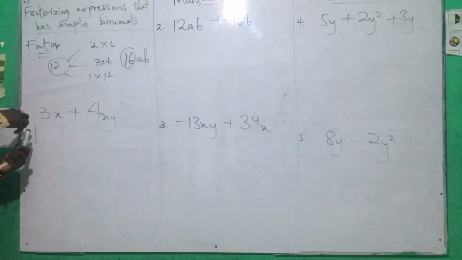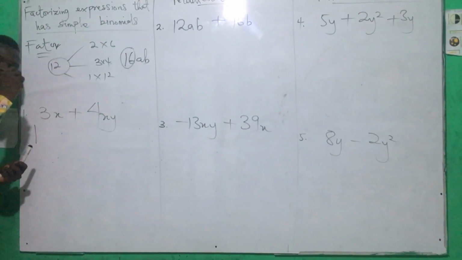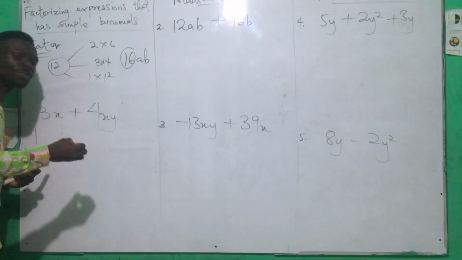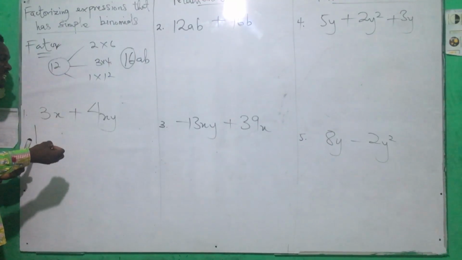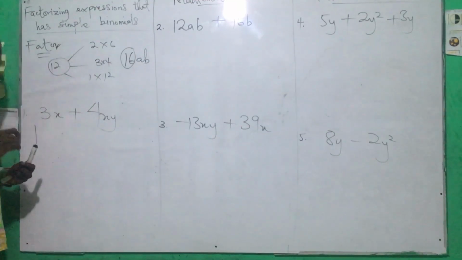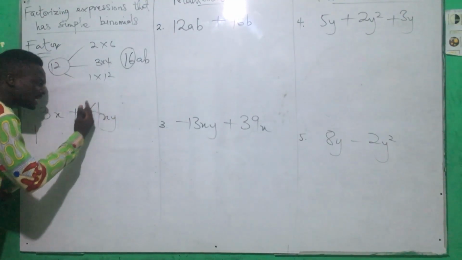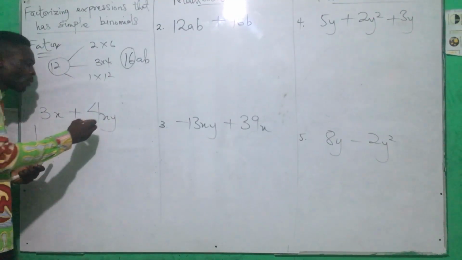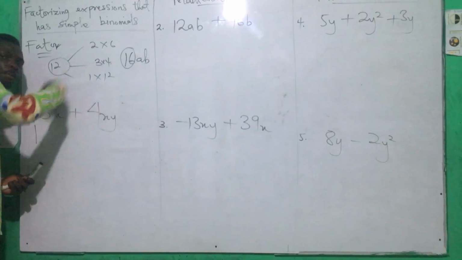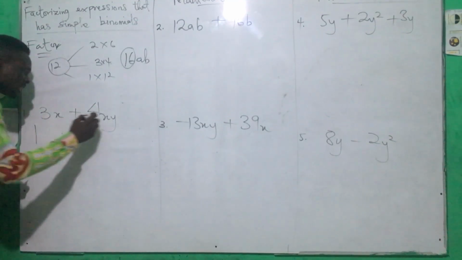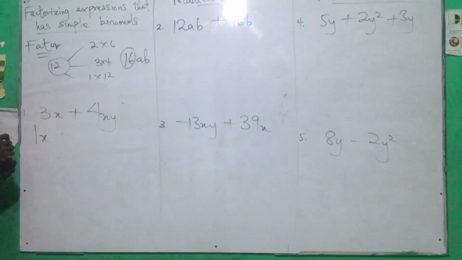After factoring the whole numbers, or the coefficients, you factorize the variable itself. Look at this term, you have x. This term, you have x. So we are going to factor the common variable out, which happens to be x.